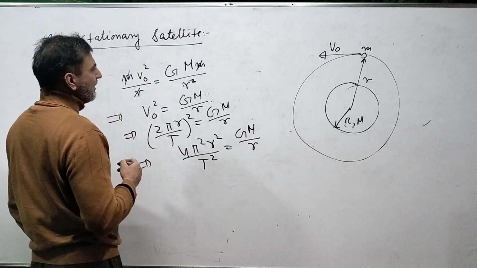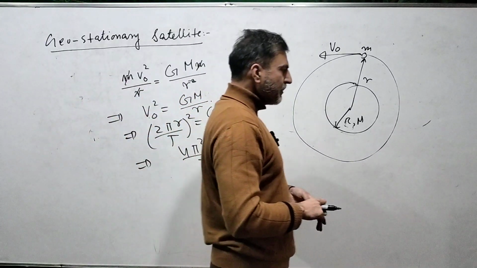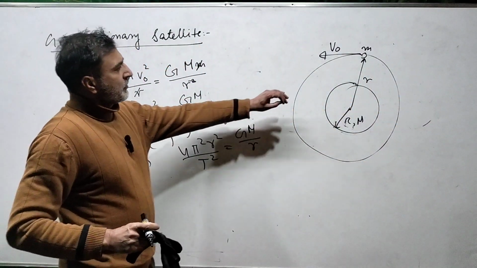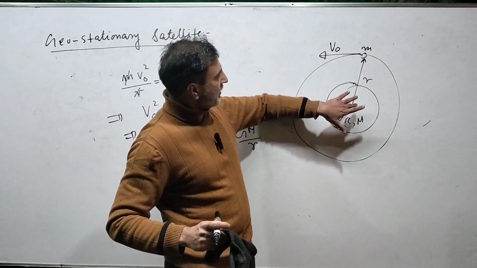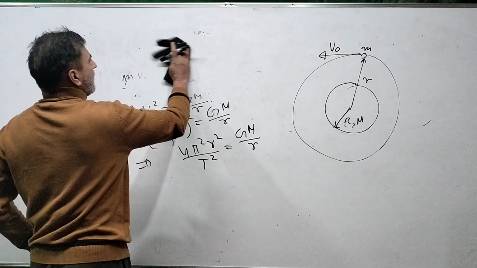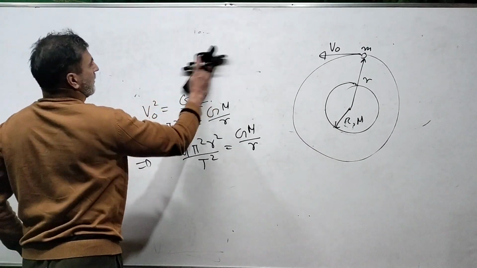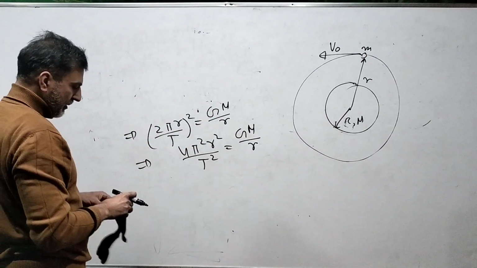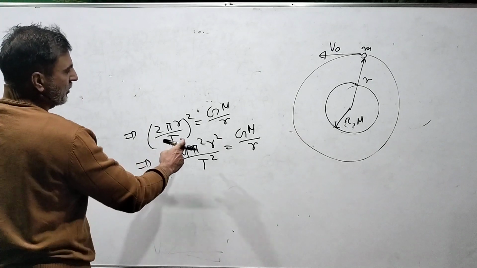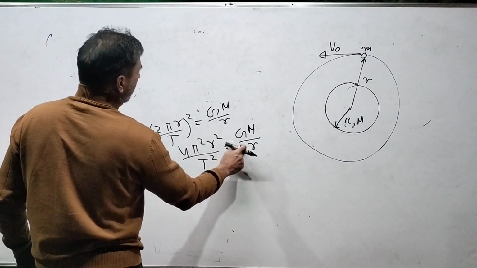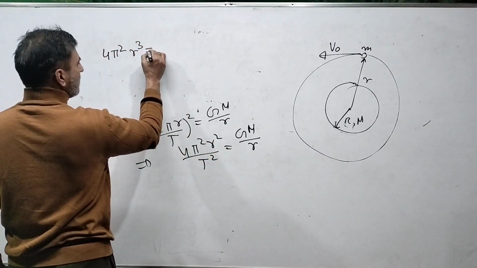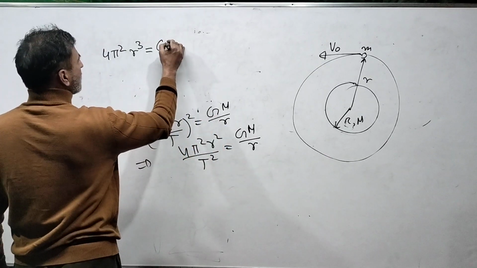Now you cross multiply it, and you get 4 pi square r cube is equal to GM T square.